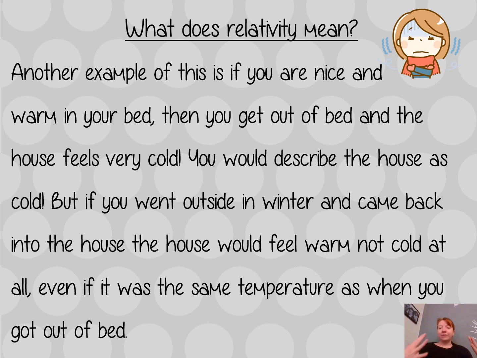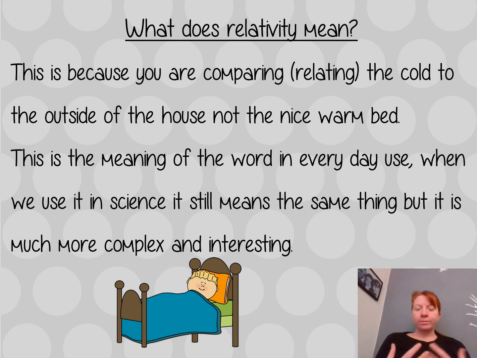So relatively, when you get from your bed to your house, it's cold. But when you come from outside to inside, it's warm, even though the temperature in the house is exactly the same. This is relativity. You're measuring something depending on your circumstances, even though that thing you're measuring might be different at the time. So this is what the word means in everyday use.